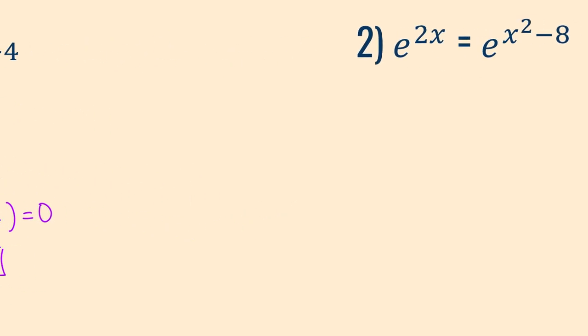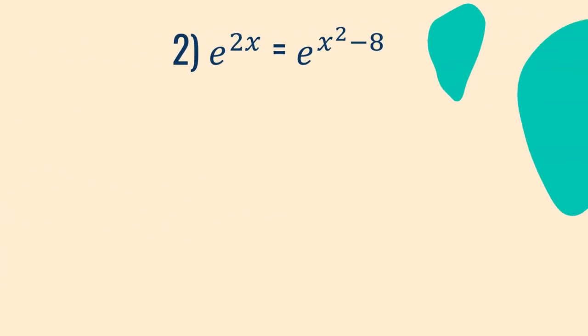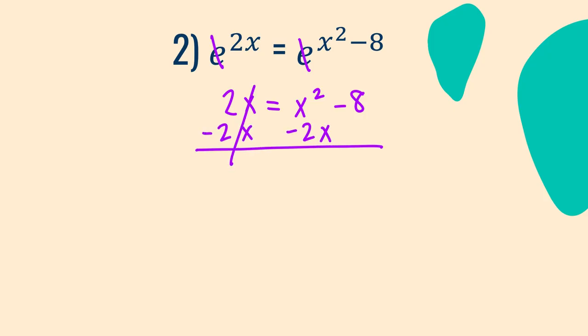All right, looking at example number 2, very similar question. Again, you're just canceling out that e, or the base, because they're the same. And you're going to get 2x equals x squared minus 8. Keep in mind, I want to keep this positive, so I'm not moving this to the other side. What I'm doing is moving that 2x by subtracting 2x from both sides.